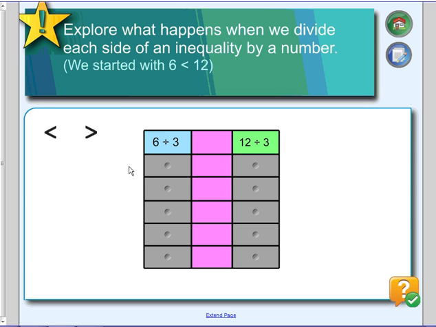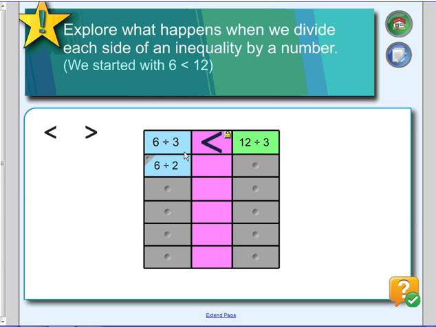I just want to demonstrate what happens when we divide each side of an inequality by a specific number. So we have 6 divided by 3, and 12 divided by 3. 6 divided by 3 is 2, 12 divided by 3 is 4. So this would obviously be the larger one.